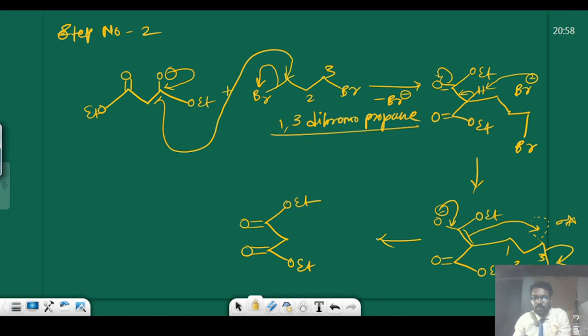That is a 4-membered ring that will generate over here. There are these 3 carbons, and this carbon, including the 4-membered ring, will generate like this. So this is our final product of this particular reaction.